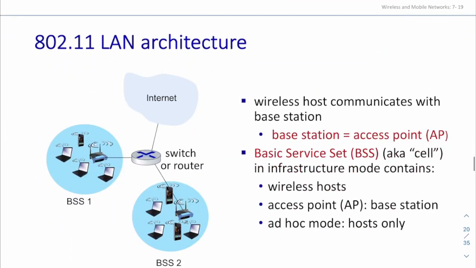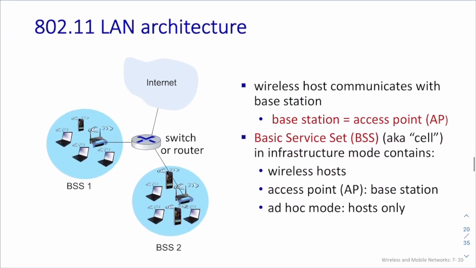Okay, so let's take a look at this one. Previously when we introduced wireless access point, wireless base station, usually that looks like this. So the wireless host communicates with the base station. BS stands for base station. So here we have BS1 and here we have BS2.